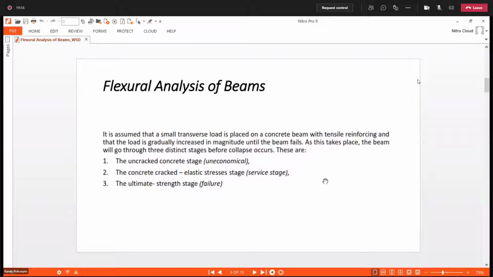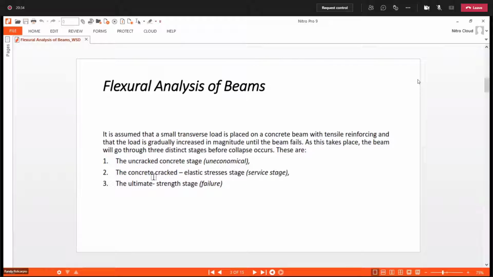Number one, we have the uncracked concrete stage. Meaning based on a particular load, your beam will not have a crack at the tension side, and we can actually measure the tensile stress of the concrete at the tension side.